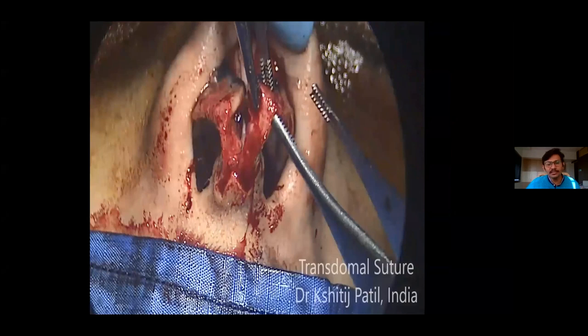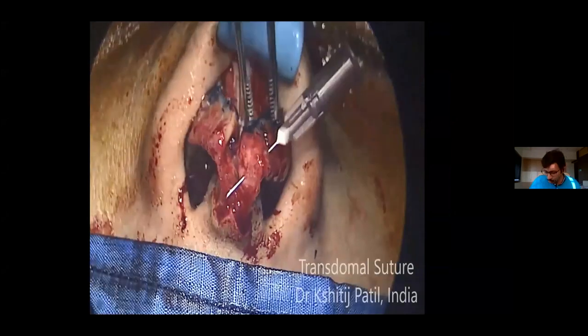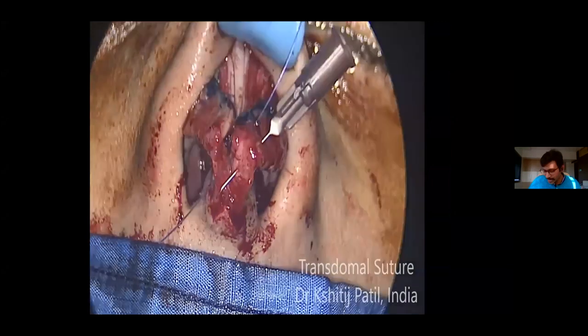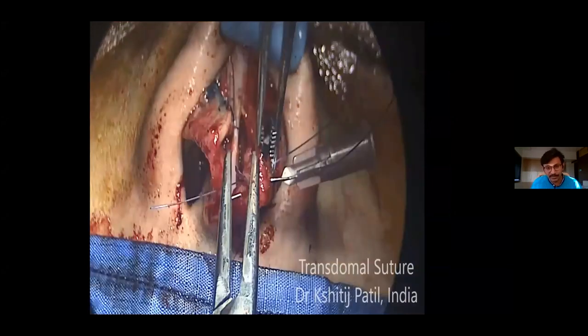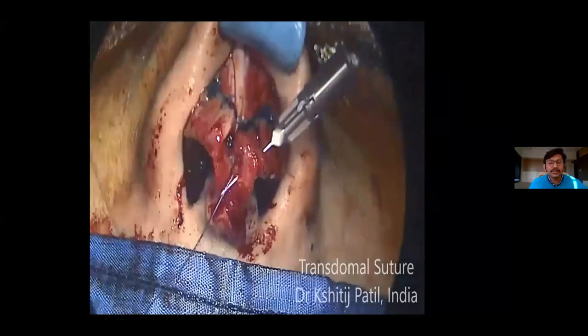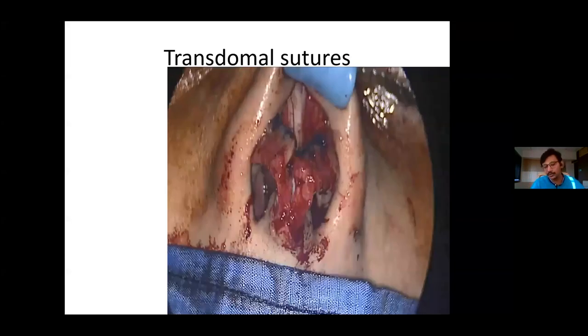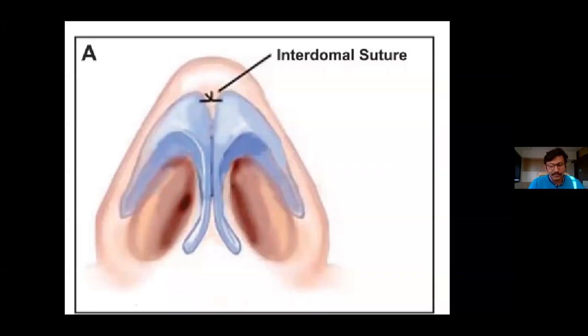You pass a needle, and you have to take a suture passing through the cephalic part of it, passing through the upper part. You have to be careful that this suture should not be tied too tightly, otherwise it can cause some amount of pinching.